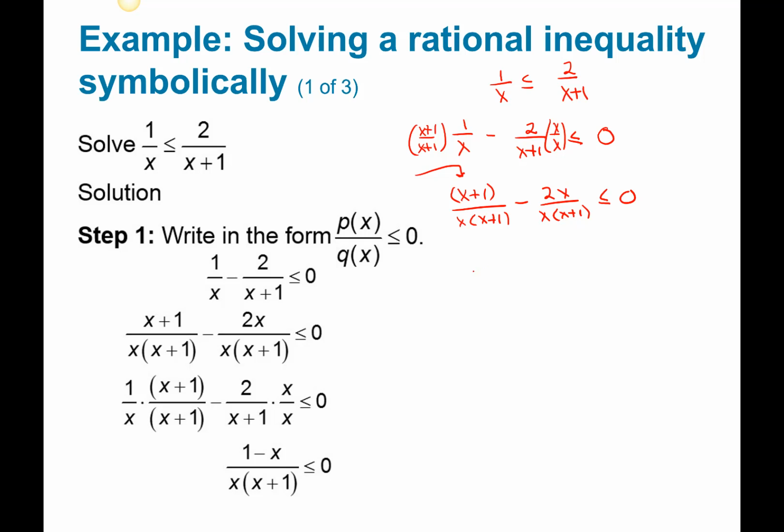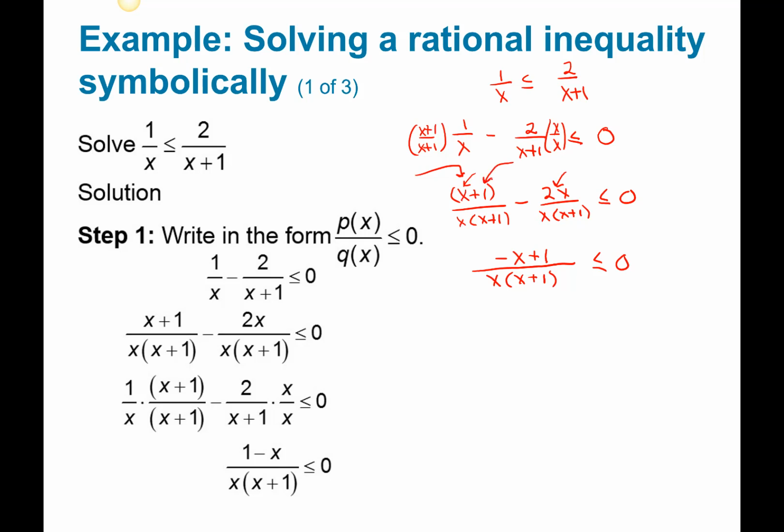Okay, so what we're going to have is x times x plus 1 less than or equal to 0. In the numerator, we have an x minus 2x. So that's going to be a minus x plus the 1.